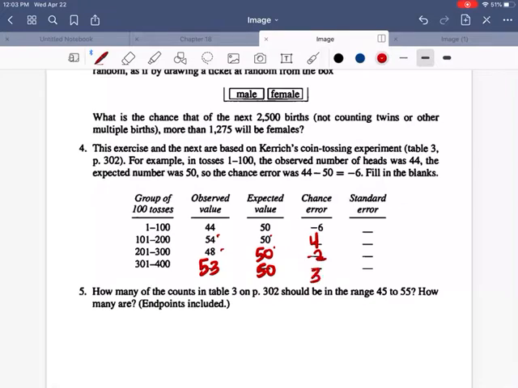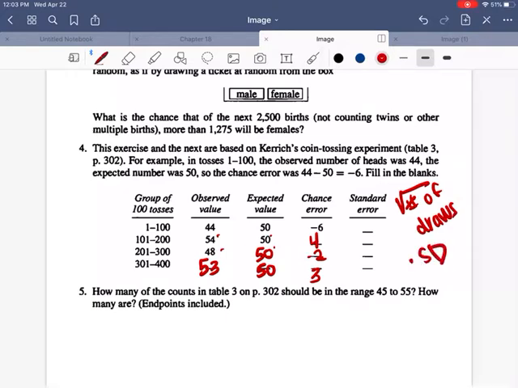So then the last thing you need to do is figure out the standard error. So the standard error, there's a formula for that. Standard error of a sum is the square root of the number of draws times the standard deviation.